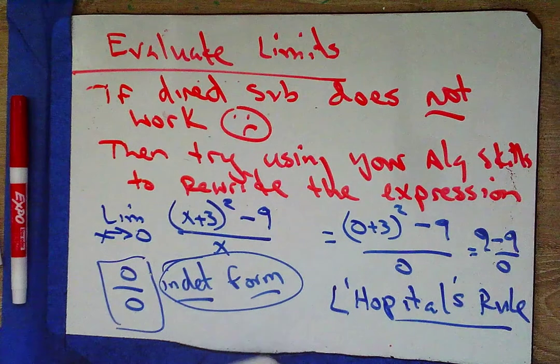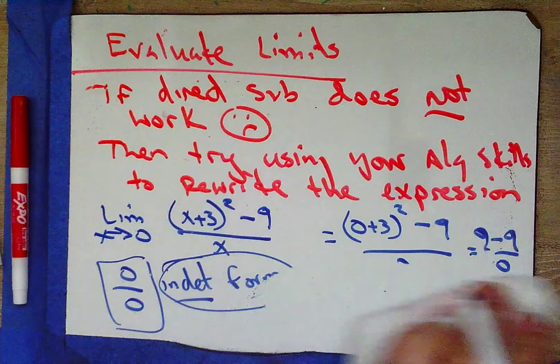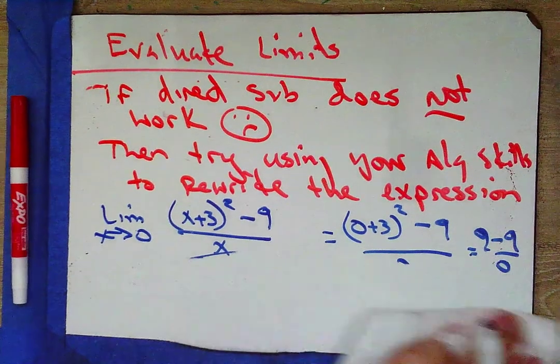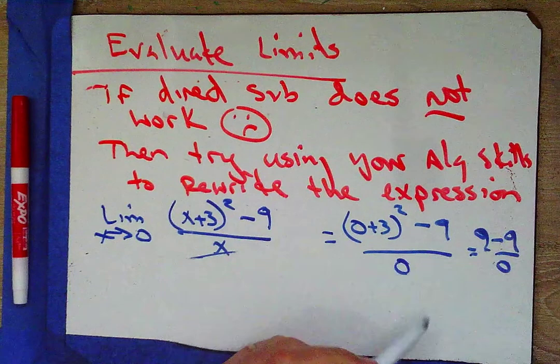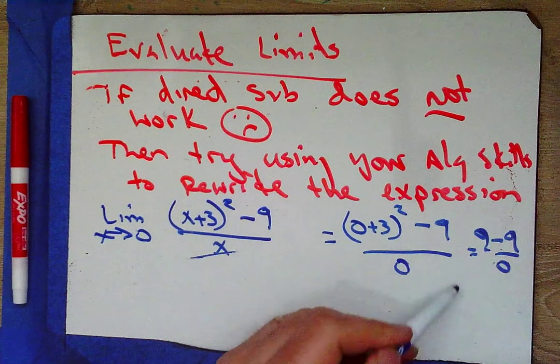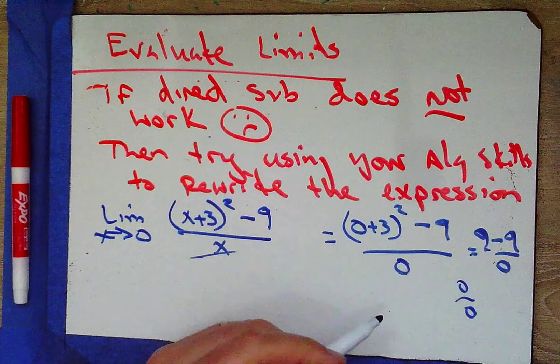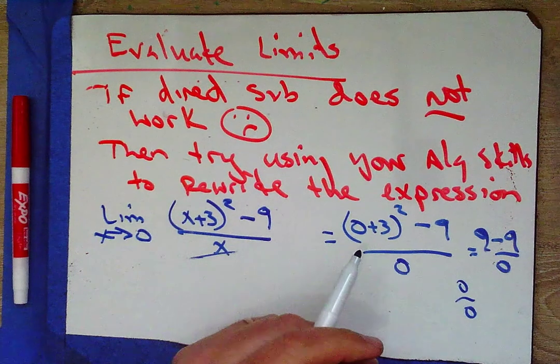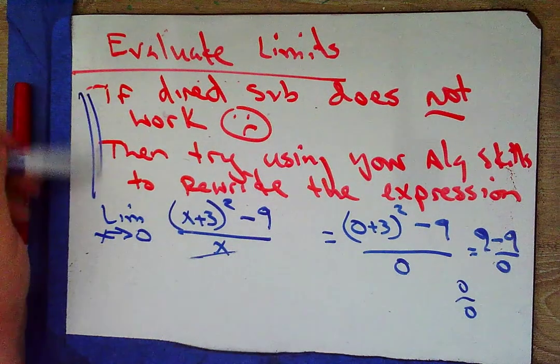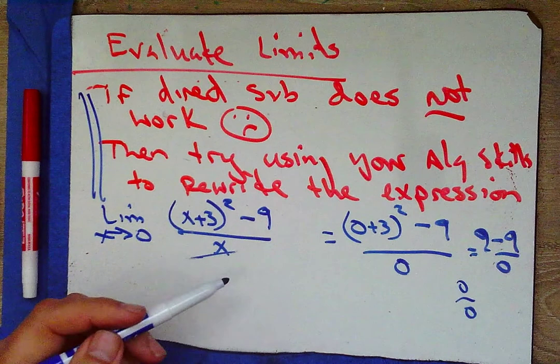Instead, we're going to cover L'Hopital's rule in the spring. And so all I want you to understand about this indeterminate form is if you get 0 over 0, that's not the limit. And we don't know what that's equal to. So my advice is let's use our algebra skills to rewrite this.